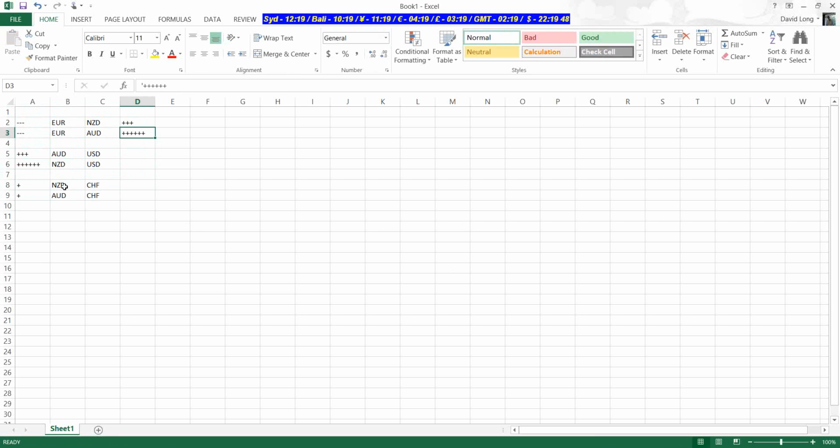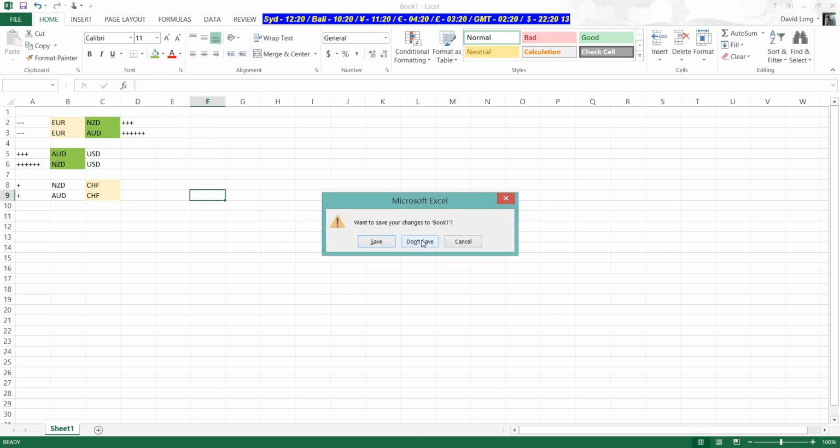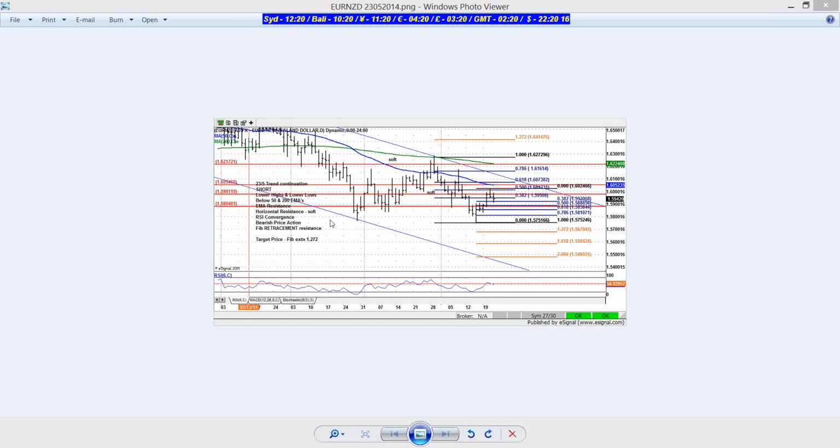The Swiss and the Euro are very similar in terms of their correlation, and obviously these two are very similar in terms of their correlation. So be aware of that when you're taking trades, guys. Spread your risk capital across. Anyway, with all that in mind, you decided this is the better trade.